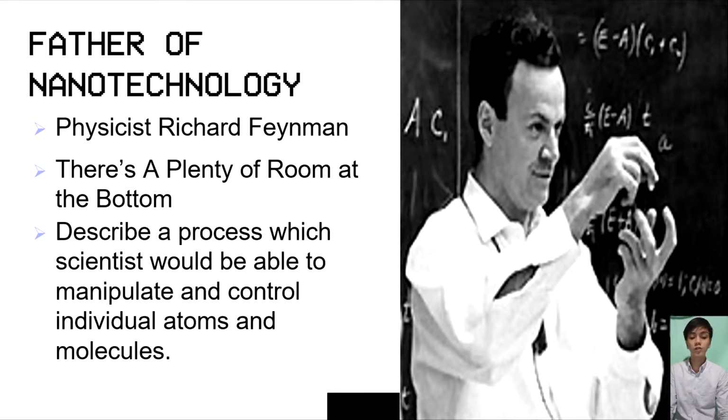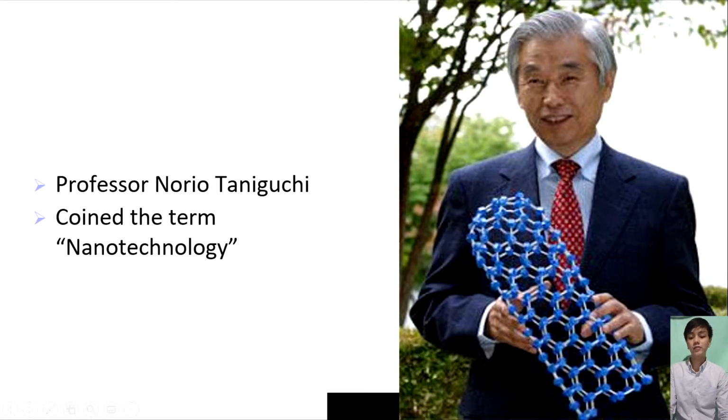Long before the term nanotechnology was used, Feynman described a process in which scientists were able to manipulate and control individual atoms and molecules. Over a decade later, in his explorations of ultra-precision machining, Professor Norio Taniguchi coined the term nanotechnology. It wasn't until 1981, with the development of the scanning tunneling microscope that could see individual atoms, that modern nanotechnology began.